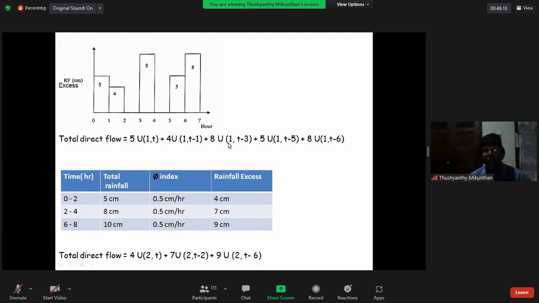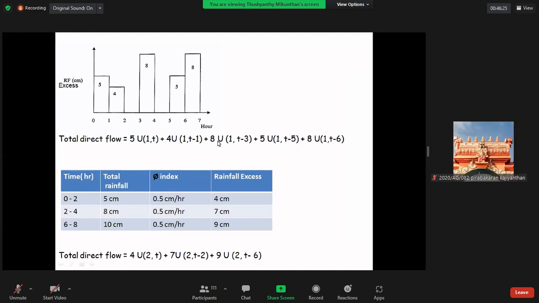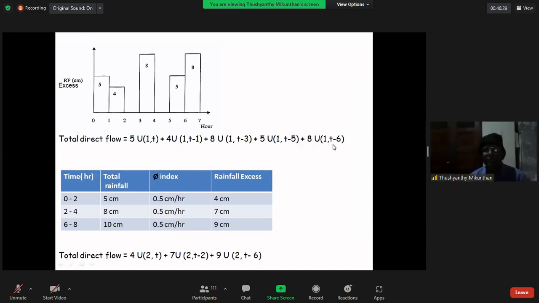Then 8U 1 t minus 3, because here there is no rainfall, so t minus 3. Then the next one t minus 5, then t minus 6. Write the equation yourself. While writing the equation, you can get more than 80 marks.